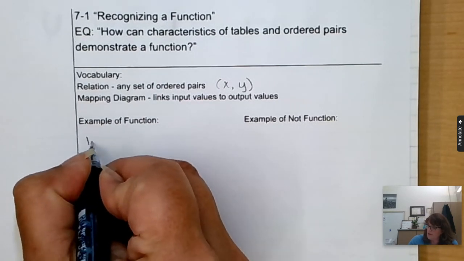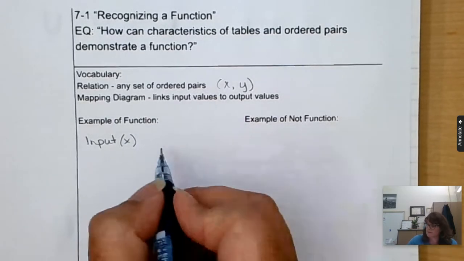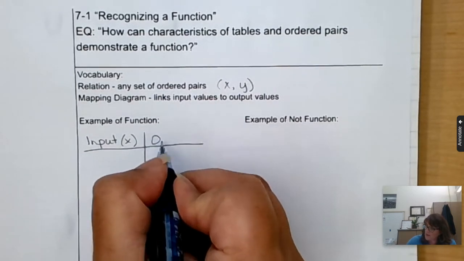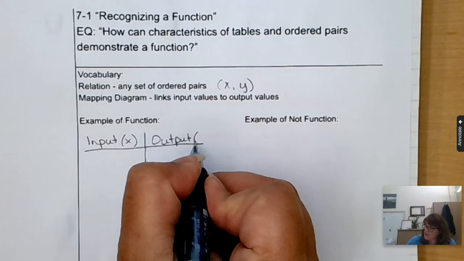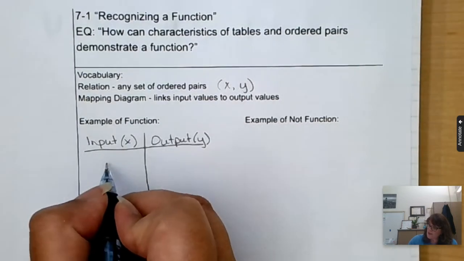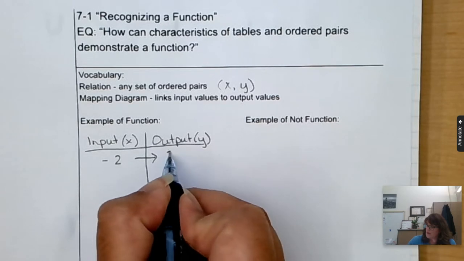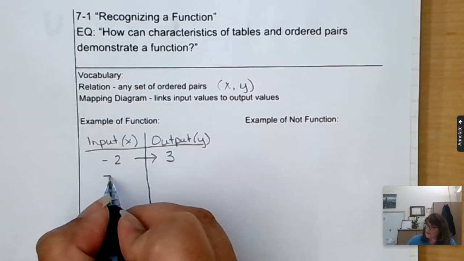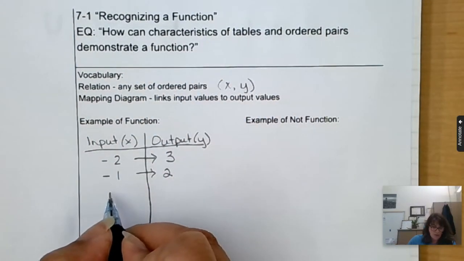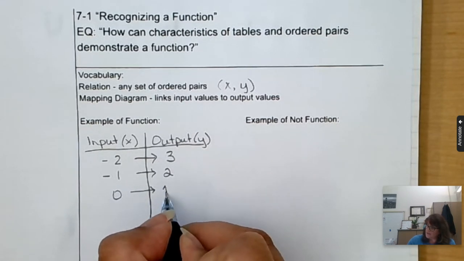I'm going to have input, and please be writing this down, which is usually shown by X. And I'm going to have output, which is usually shown by Y. And I'm just making a table. If my input is -2, my output is 3. My input is -1, my output is 2. My input is 0, my output is 1.